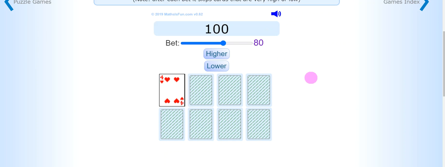So this is about probability, but it's another game. It's gambling. It's not great, but we shouldn't really gamble. But we've got 100 tokens. And we're given a 4 of hearts. Basically, we have to decide how many tokens to bet on whether the next card is higher or lower than a 4.